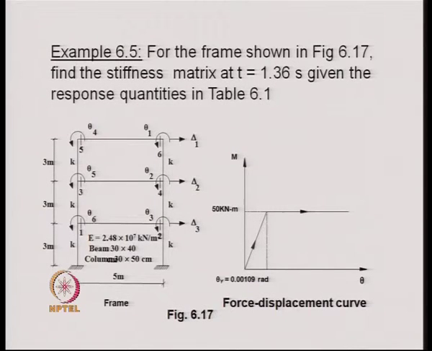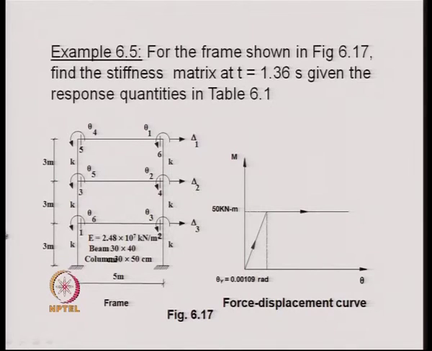Here, for this beam at joint 1 and joint 2, we have the values of 50 kNm.